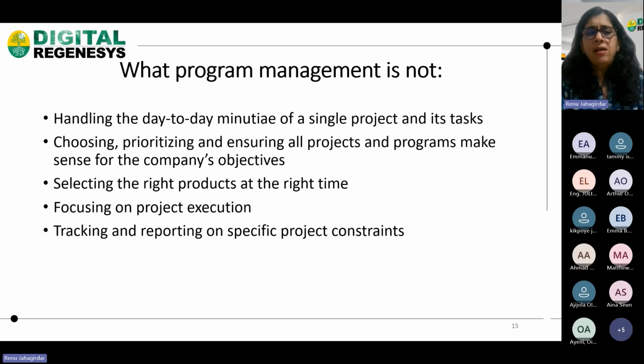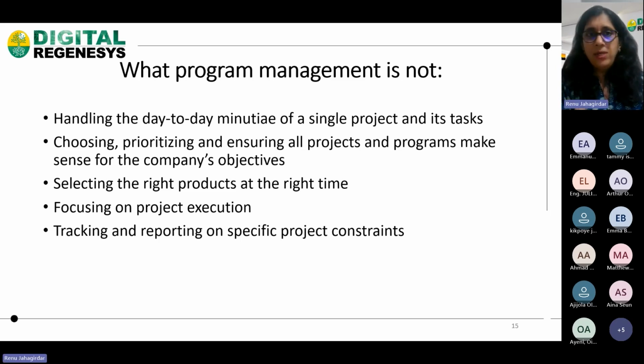You can track, at times report, or work on specific project constraints, and try to address some of them with the help of the project manager. That is okay, but these are some routines or rituals in program management.